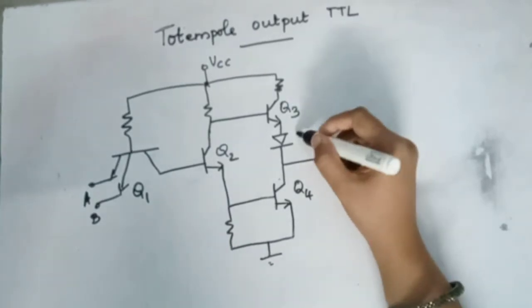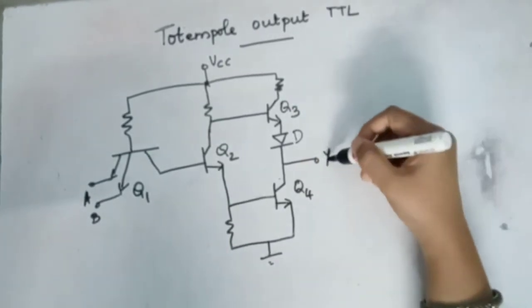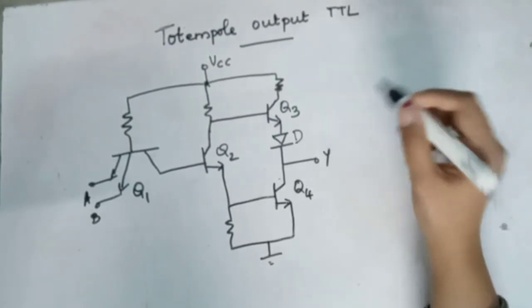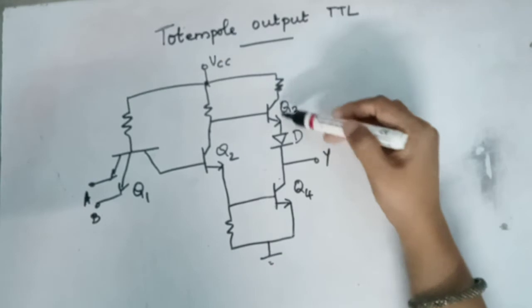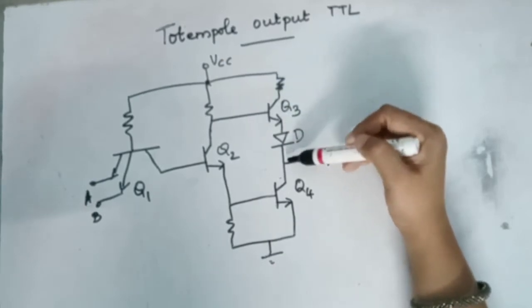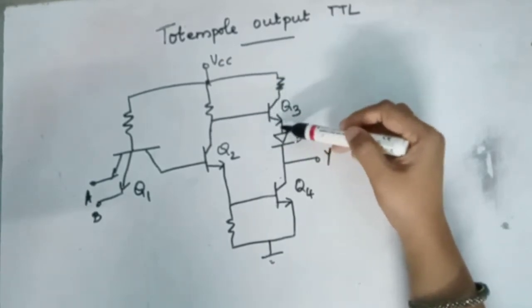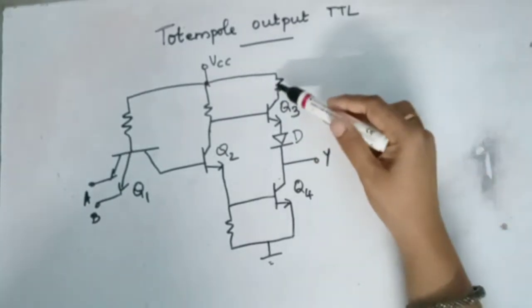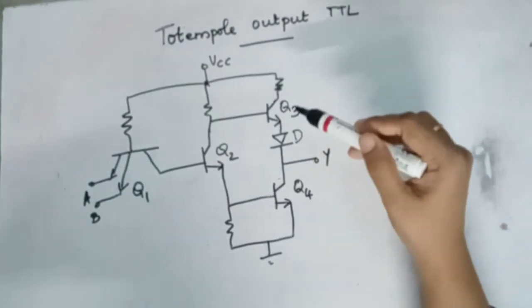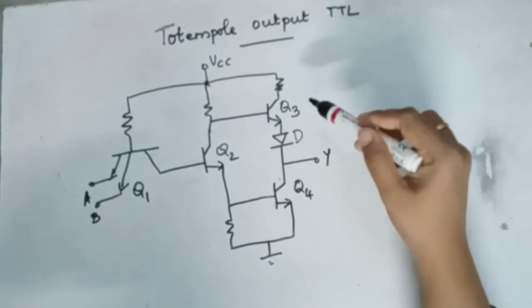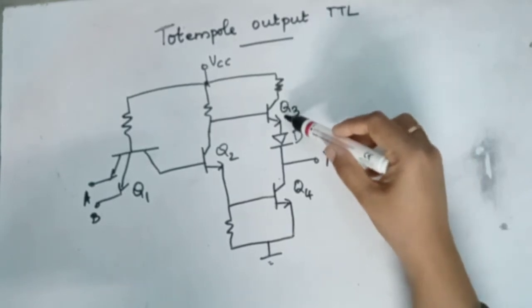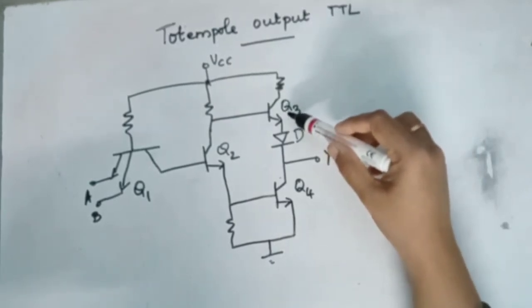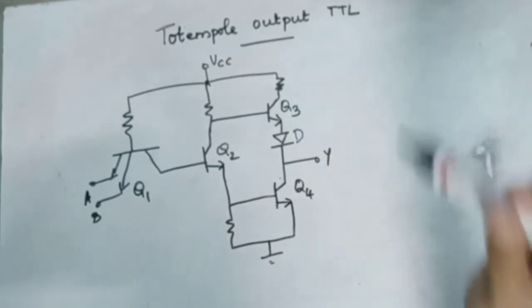Here you have a diode, say D, and you are taking the output from here, Y. So in the earlier case we just had a resistor here, we didn't have the transistor and the diode, we had just the resistor in the case of TTL NAND. So here we have an extra transistor and a diode.